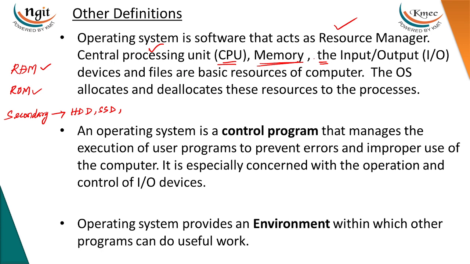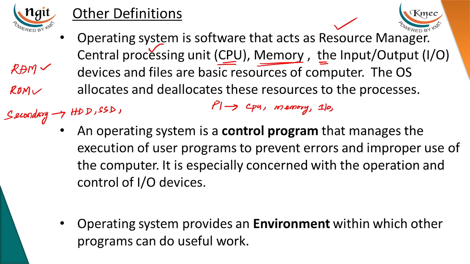The operating system allocates those resources based on the requirements of the process. That's why it is called resource manager. Suppose process p1 is allocated some CPU cycles, some memory and one or two IO devices. Once the execution is completed, the operating system will deallocate those resources that were assigned to the process.